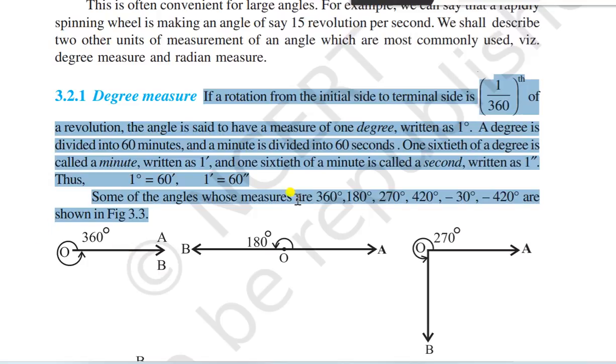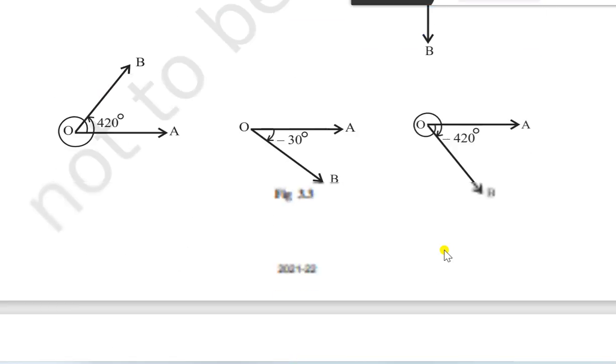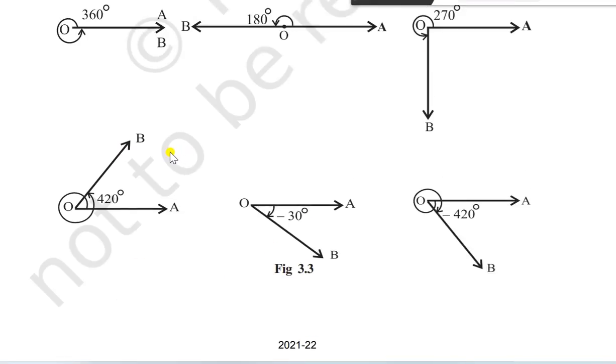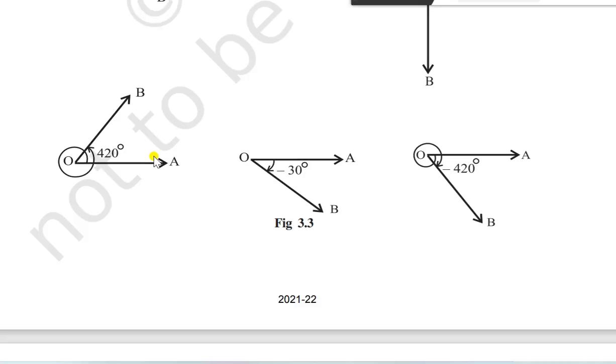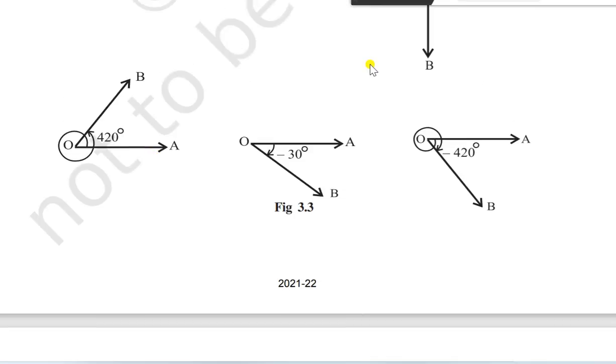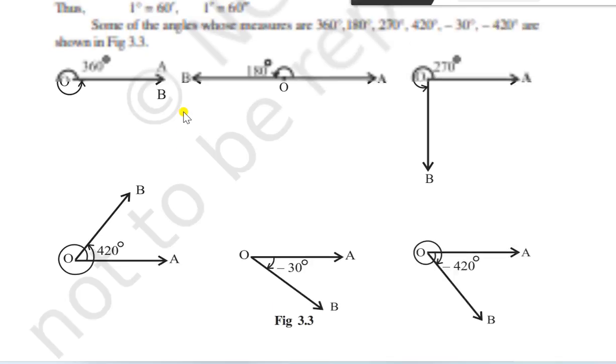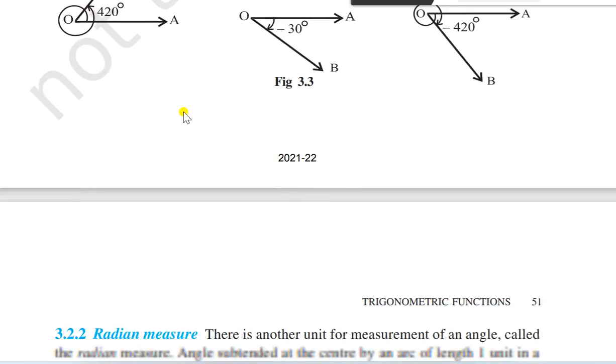This is 360 degrees, this is 180, this is 270, this is 420. In 420, the terminal side came to the initial position, met there, and then went up again by another 60 degrees, right? A minus angle works clockwise, and a plus angle works anti-clockwise.